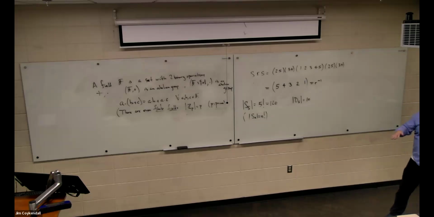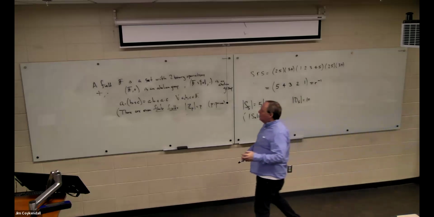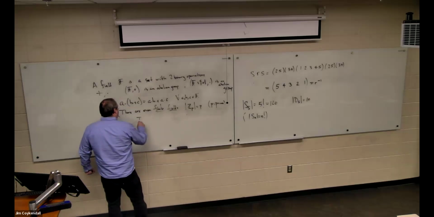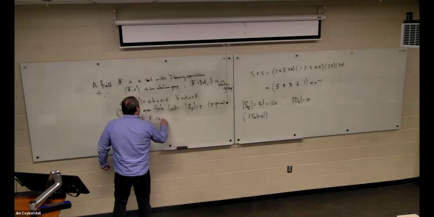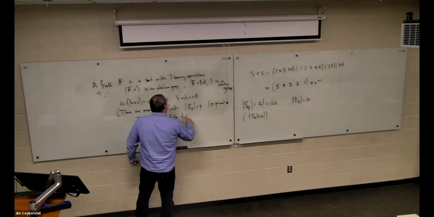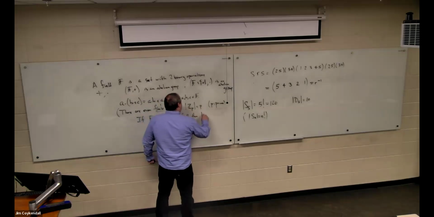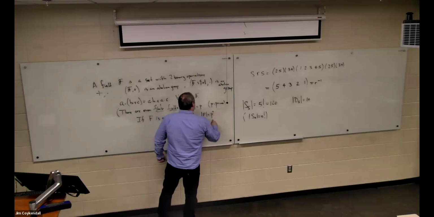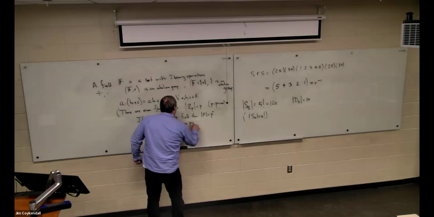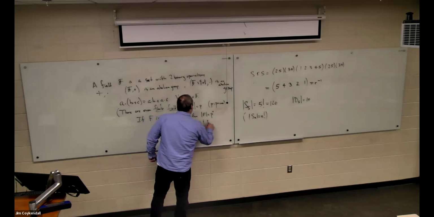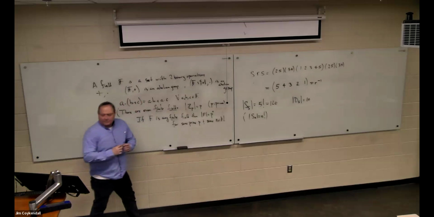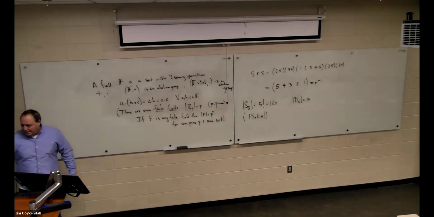It's not Z mod P to the N. It's another thing, but they exist, and we might talk about these later. But it turns out if F is any finite field, then the order of F is P to the N for some prime P and some natural number N. Everybody okay with that?